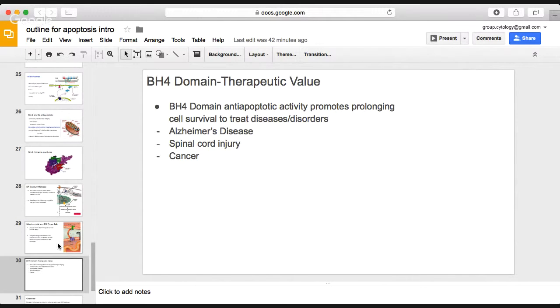As seen in the previous results, the BH4 domain has the ability to inhibit calcium elevation and inhibit apoptosis by inactivation of IP3 receptors. As a result, the BH4 domain promotes prolonging cell survival to treat these diseases and disorders.